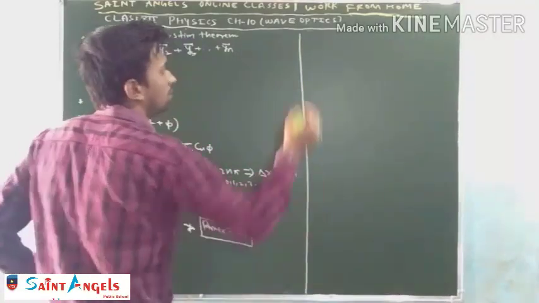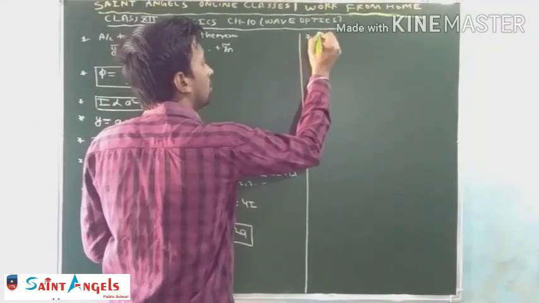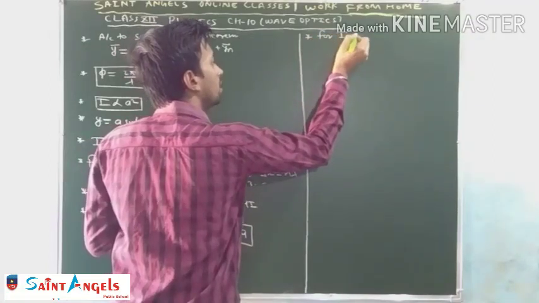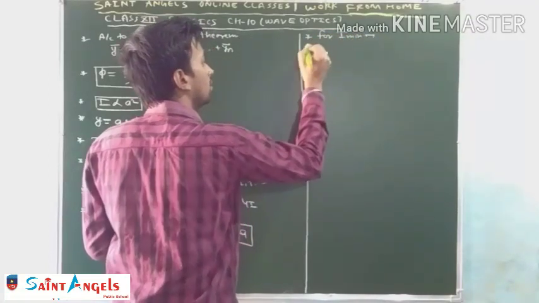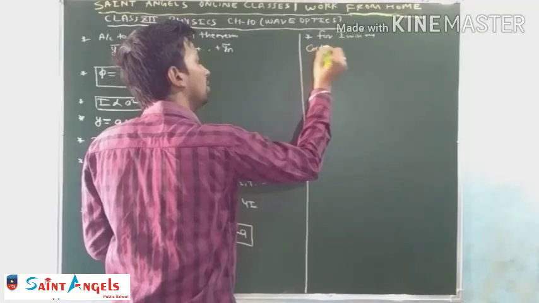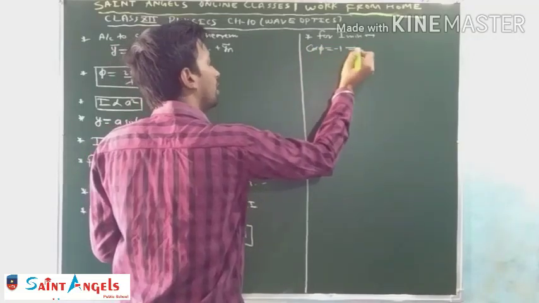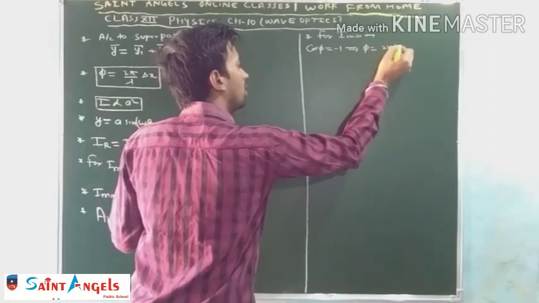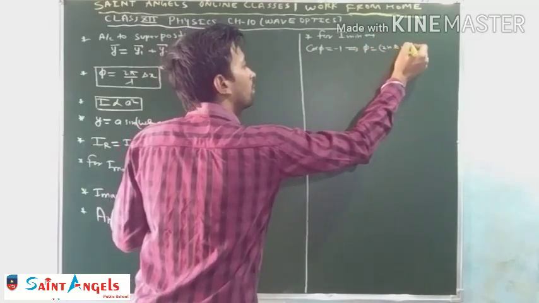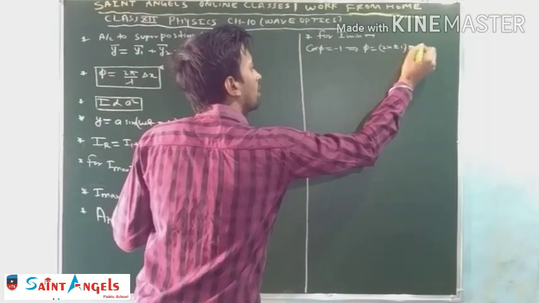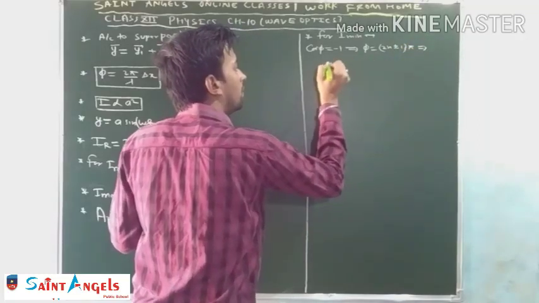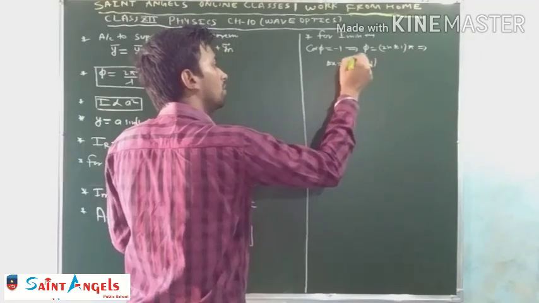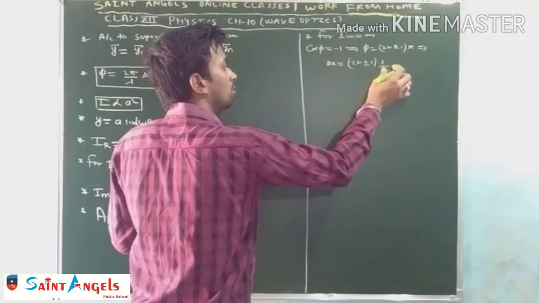Now, the condition for minimum intensity. For minimum intensity, cos phi equals -1, implies that phi equals 2n plus minus 1 pi, implies that path difference delta x equals 2n plus minus 1 lambda by 2.